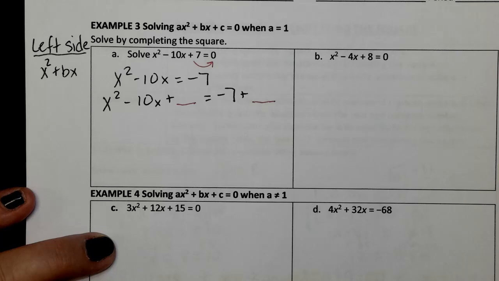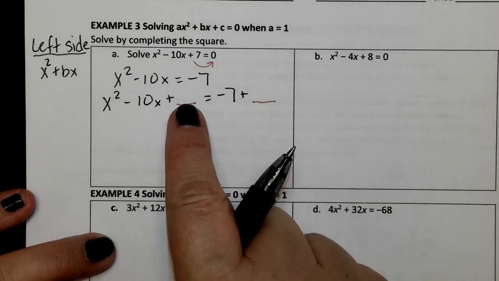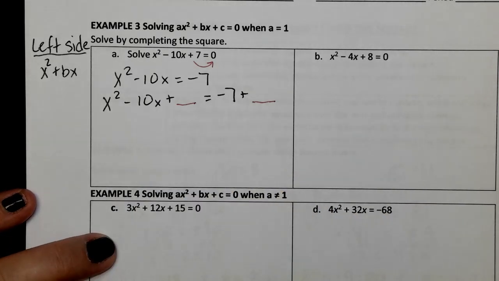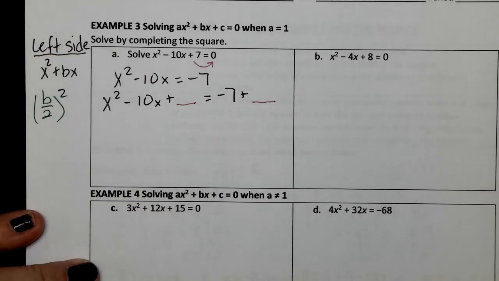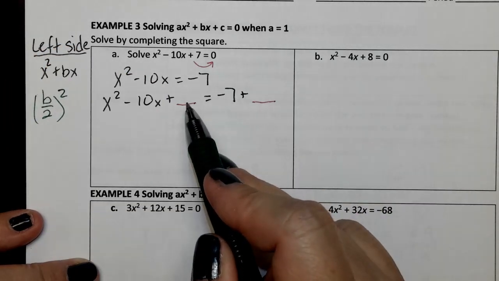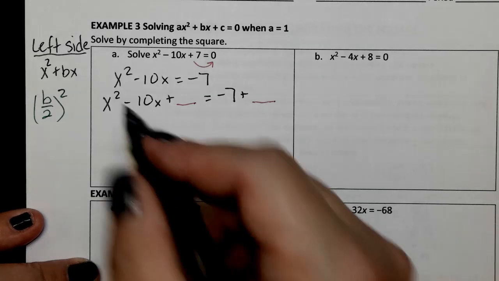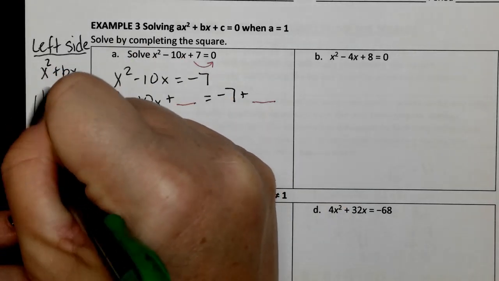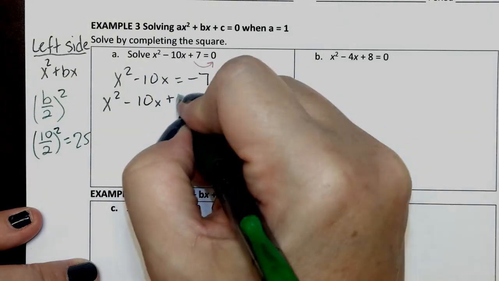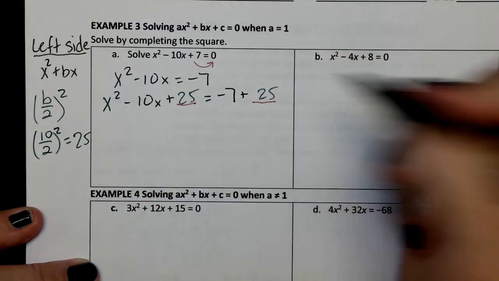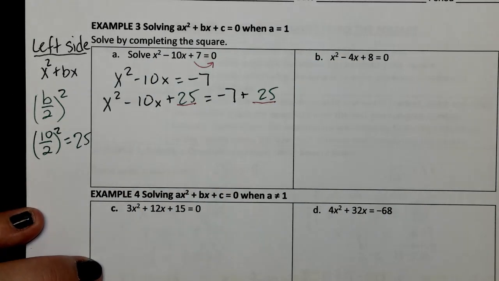Now we do. All right, so we need to know what goes in here. So we know that we're going to take our b divided by 2 and square it. So our b is 10, so 10 divided by 2 squared gives us 5. 5 squared is 25. So that's what's going in on both of these sides.